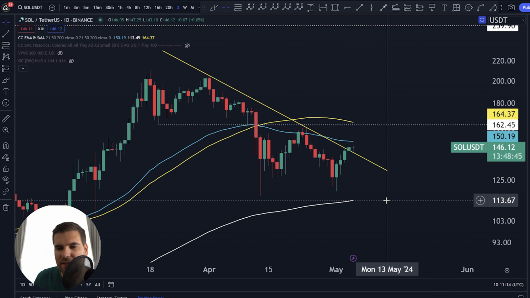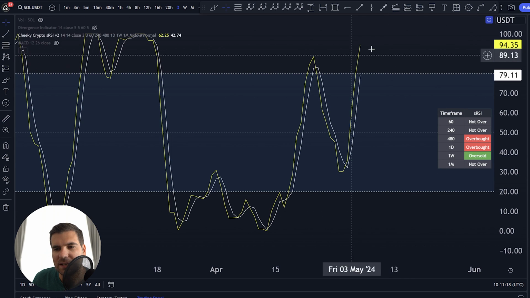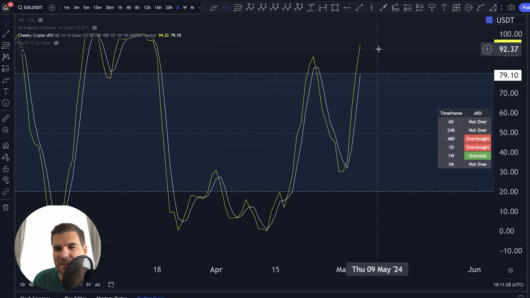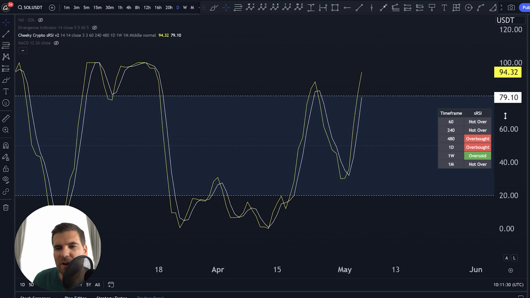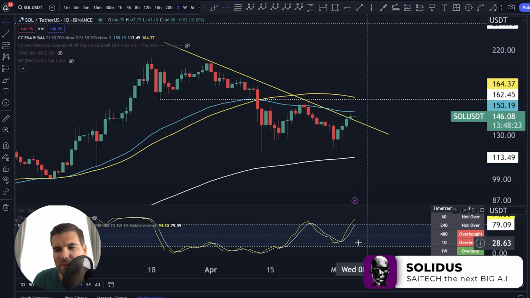We want to be aware that that's not necessarily the best thing in the world. Now, from our momentum indicator, you can already see the stochastic RSI is up in the overbought area on the daily time frame, along with the 8-hour time frame. So we are a little bit cautious here because this isn't the best place to be for Solana, and we might find that SOL has to move down a bit more aggressively than it has done already. Okay, so we want to be aware of that.